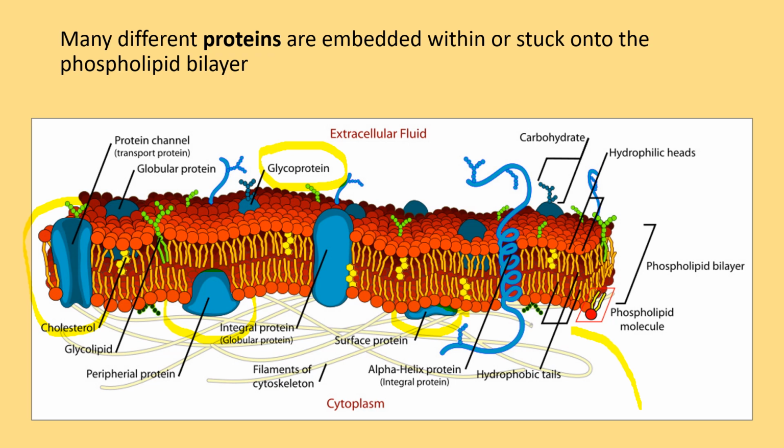And we'll probably spend the most time talking about a variety of transmembrane proteins. A transmembrane protein is a protein that goes all the way through the plasma membrane, all the way through the phospholipid bilayer. So a transmembrane protein contacts the extracellular fluid.